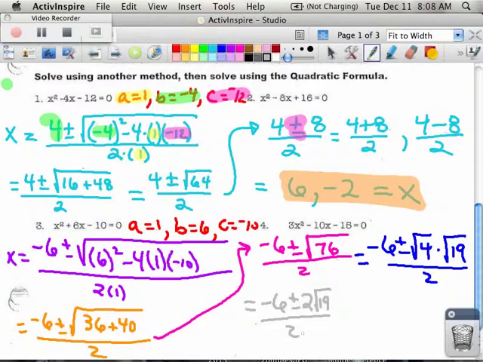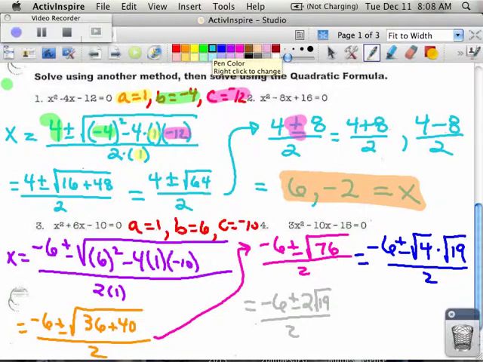Do you notice how 2 goes into negative 6 and the 2 in front of the square root symbol? You guys notice that? Or in other words, negative 6 divided by 2 is negative 3, and 2 divided by 2 is 1. So my final answer can be written in the following fashion.